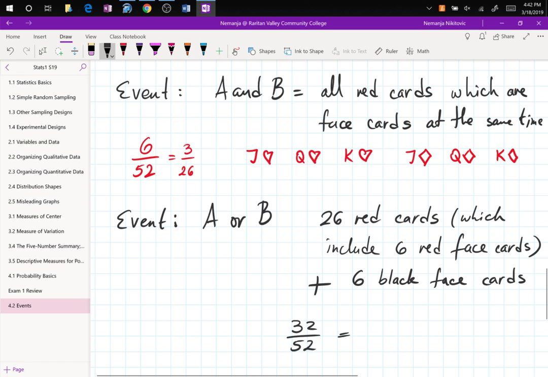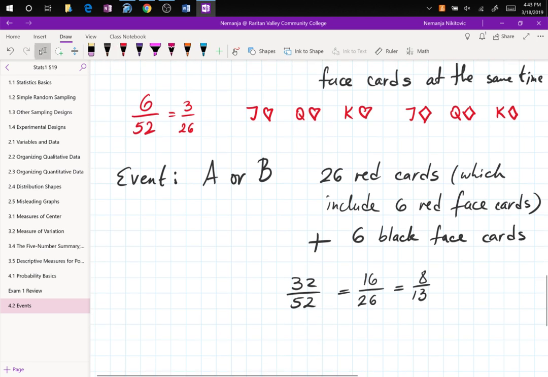You cut this in half, you get 16 over 26. You cut this in half by 2, 8 over what? 13. So probability is 8 over 13 to get this event.